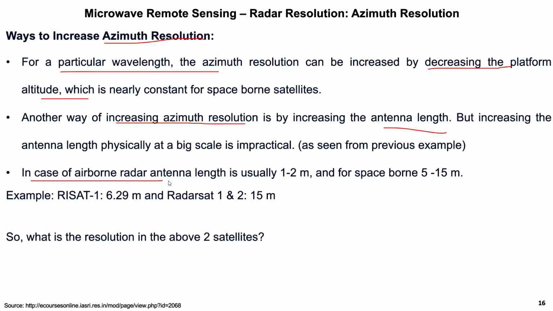In case of airborne radar, the antenna length is usually 1 to 2 meters, and for spaceborne it is 5 to 15 meters. I told you about RISAT-1, which has an azimuth resolution of 6.29 meters, and RADARSAT is another microwave satellite. It has an azimuth resolution of 15 meters.